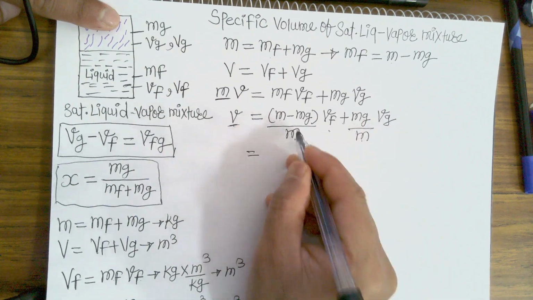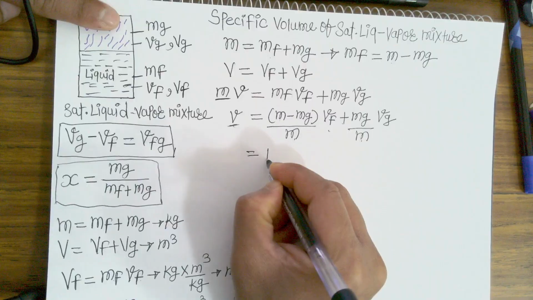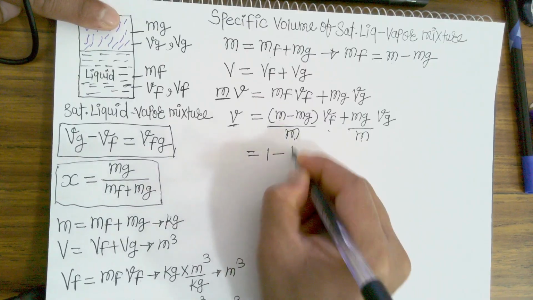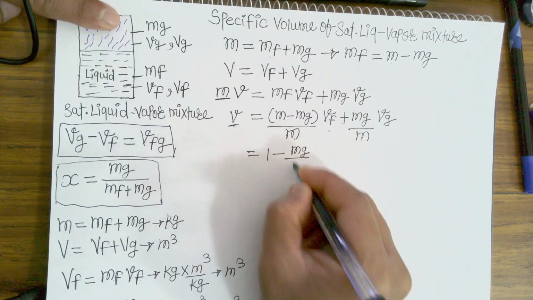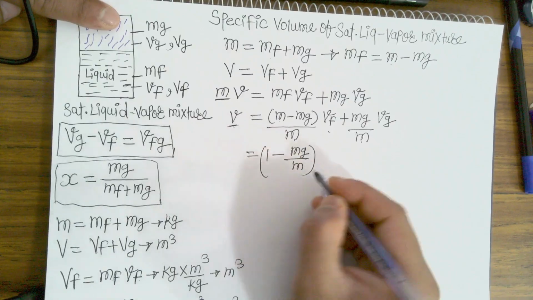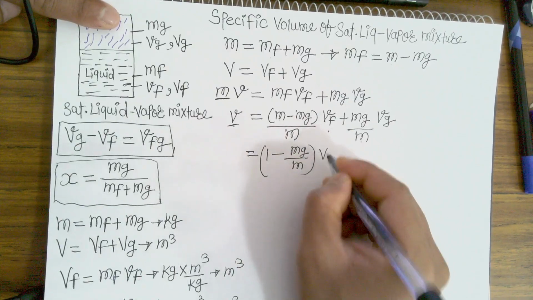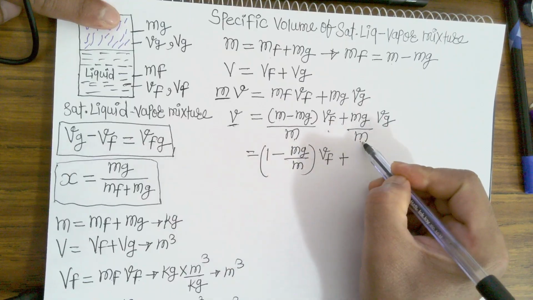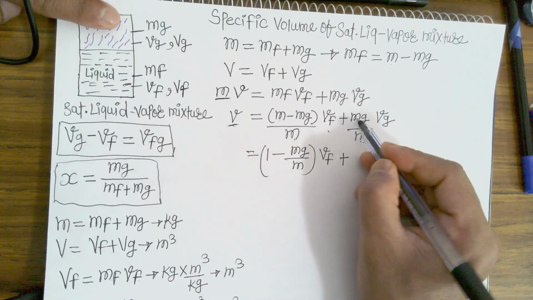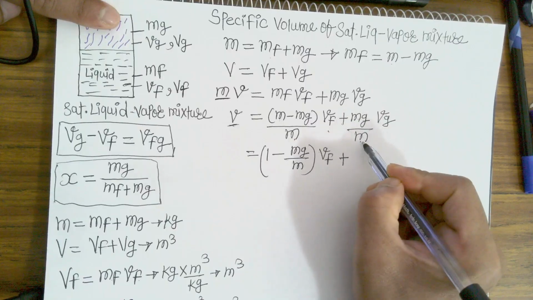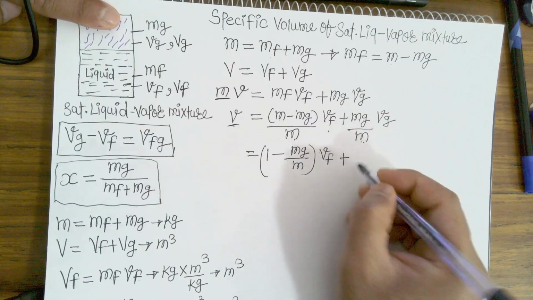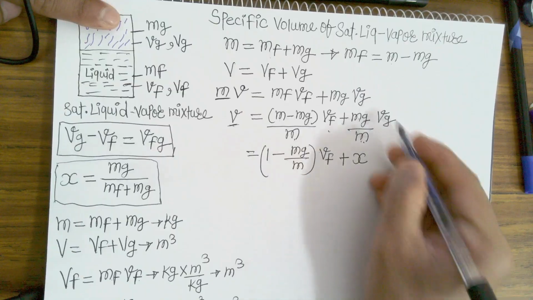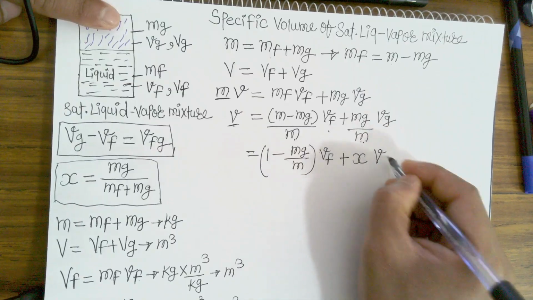So I can write this one as (1 minus mg by m) in bracket multiplied by Vf plus mg by m, which is the mass of vapor divided by the total mass of mixture, that is dryness fraction, multiplied by small vg.